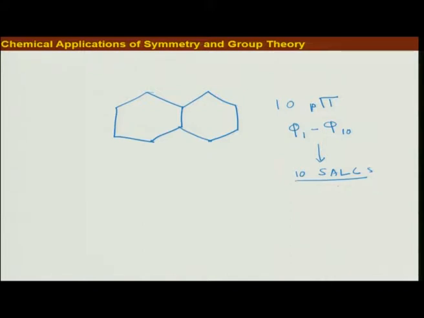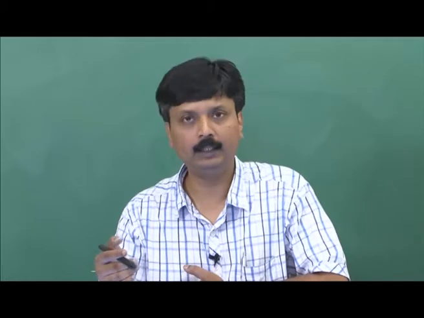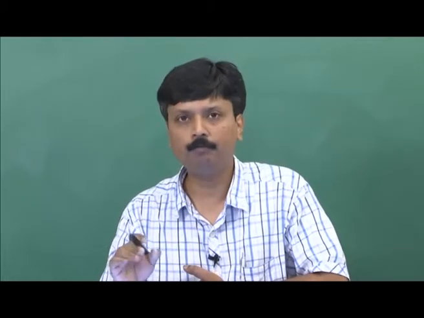Now what were those orbitals, and we also got the symmetries of those orbitals. So in the next step we got the symmetries of these orbitals, meaning that particular irreducible representation according to which these SALCs transform, that we found out.